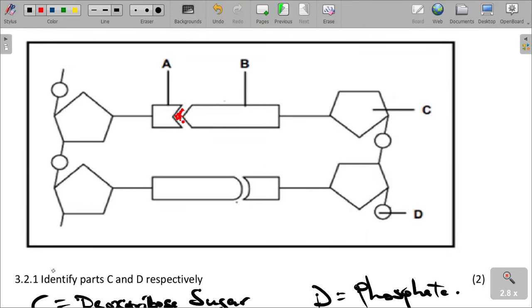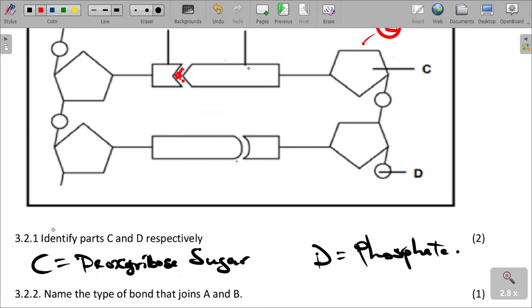We have strand 1 and strand 2. As they join together like that, we are saying it's double-stranded. So it's DNA because it is double-stranded, or base pairs.